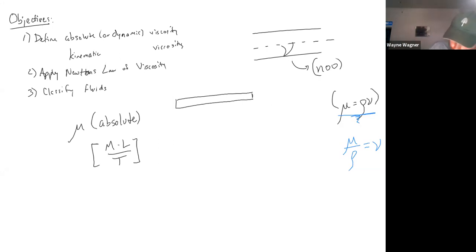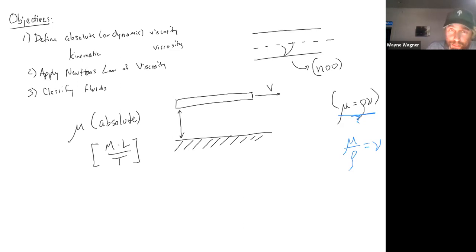So you've got a plate, and then you've got some kind of surface, or it could be just another plate, and they're separated by some distance. And this top plate is being pulled over a fluid that's between the two plates at a velocity, I'm just going to call it capital V. And so what's happening is between those two plates, if you give it enough time, we're going to get what we call a velocity profile.